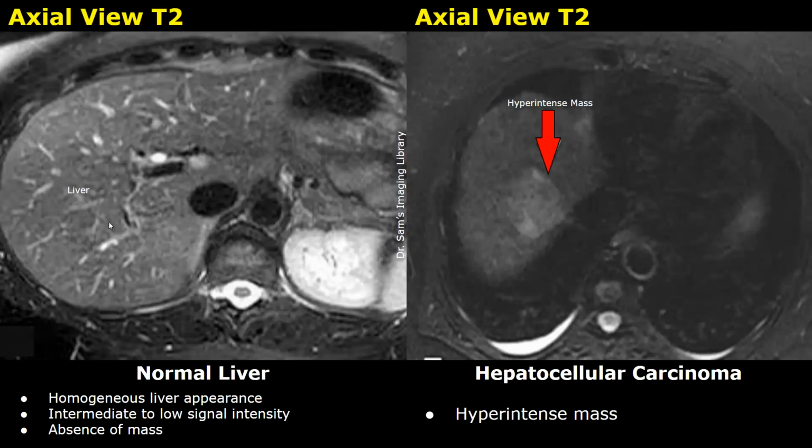Hepatocellular carcinoma usually appears hyperintense on T2, so a hypointense appearance on T1 and a hyperintense appearance on T2 image is usually seen in hepatocellular carcinoma. If the patient has chronic hepatitis B or C along with liver cirrhosis, the diagnosis becomes more clear.